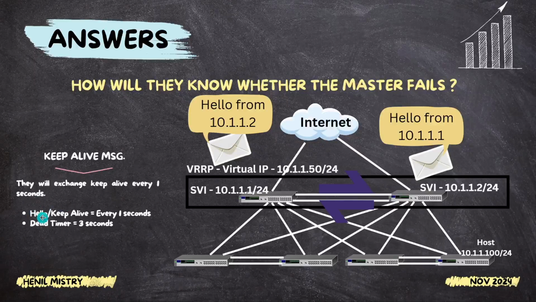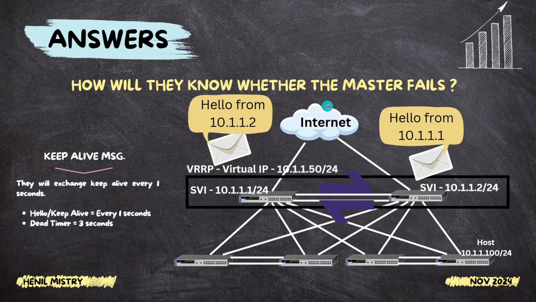So there are these two things: the hello time, or keepalive messages, sent every 1 second, and then there is a dead timer. Let's say the master fails, and the backup device doesn't receive the hello packet or keepalive messages for 3 seconds. In that case, the backup will come to know that the master has failed.